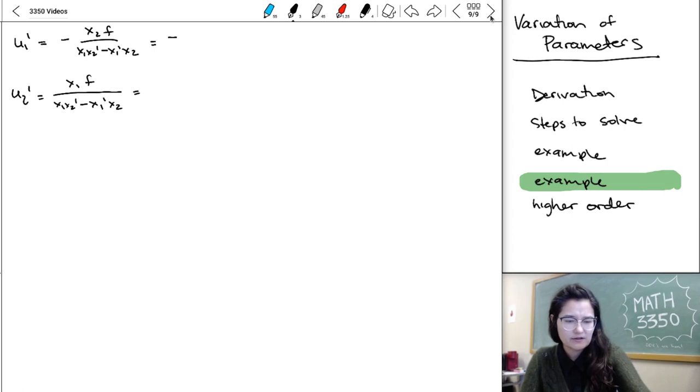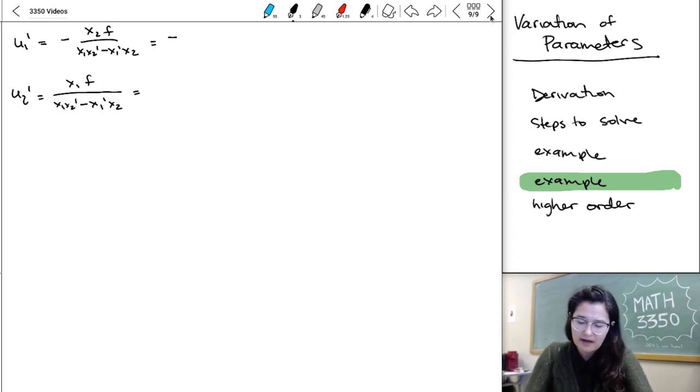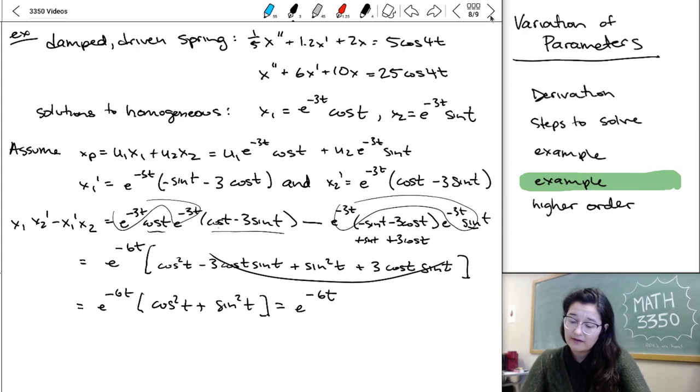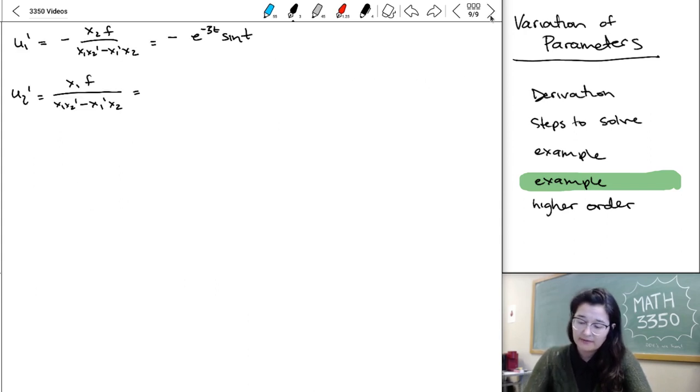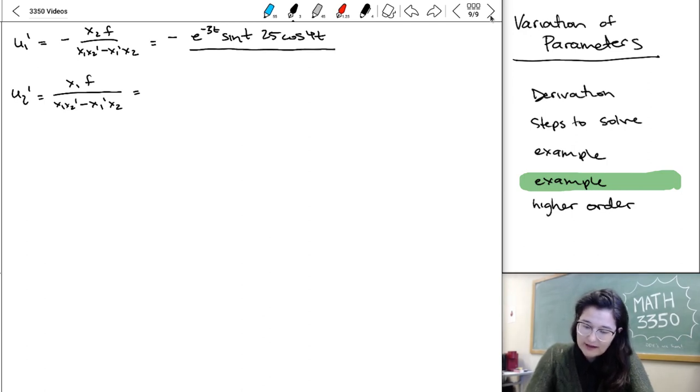Let's see, my x2 was the e to minus 3t sine t. And remember, our f has to be this version of it that we multiplied by 5 to isolate x double prime. So it's times 25 cosine 4t. And then all that's divided by that e to minus 6t that we found on the previous slide.